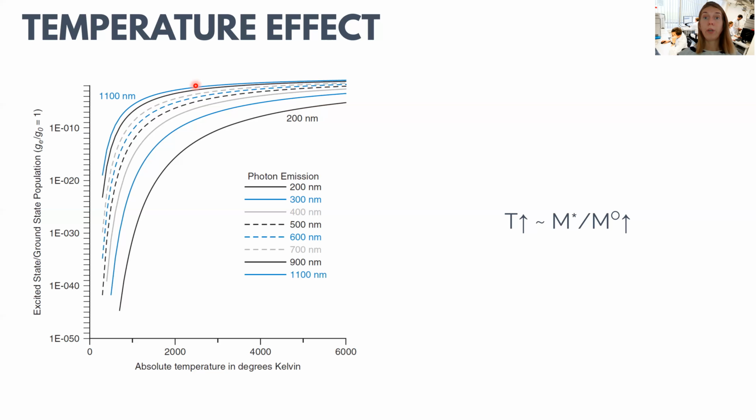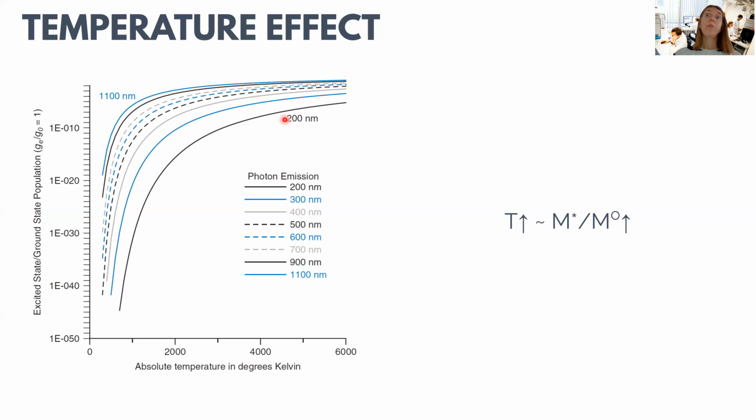For the lower energy transitions, where the emitted quanta have longer wavelengths, a reasonable amount of excited state can be achieved already at slightly lower temperatures. However, we can see that, independent of the wavelength, the temperature has to be above a few thousand degrees kelvin.